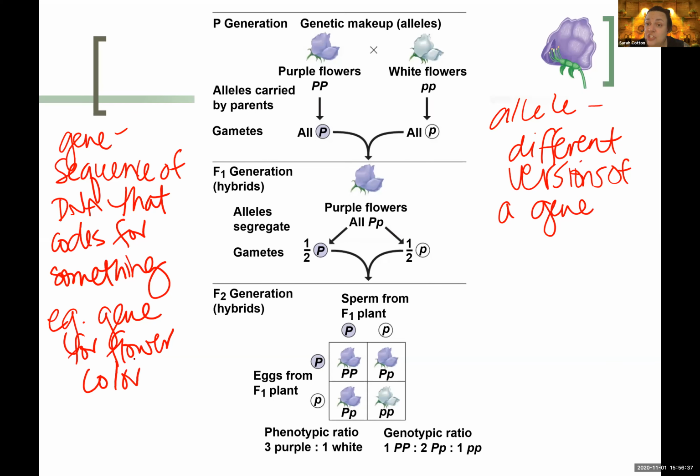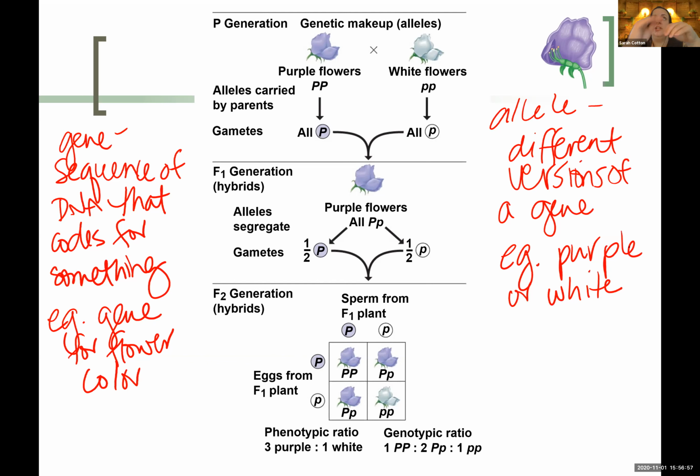Well, that gene has 2 different versions or 2 different alleles. And in this particular example, those 2 versions of that gene are either purple or white.